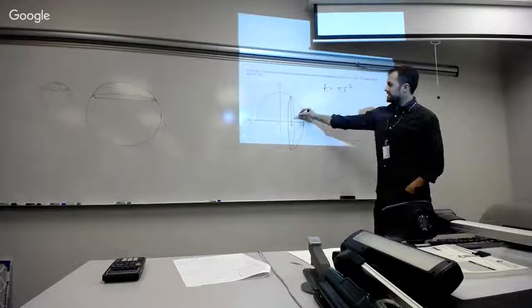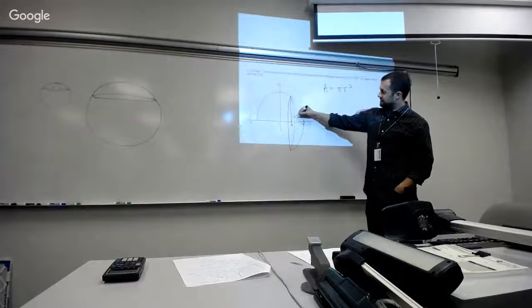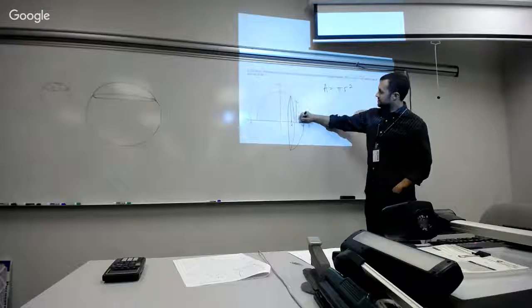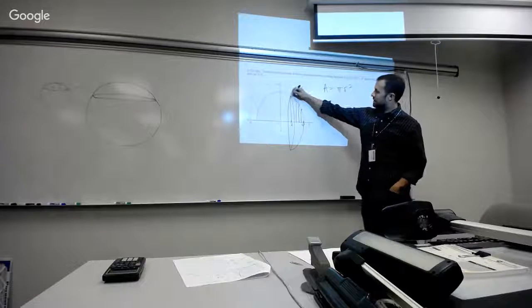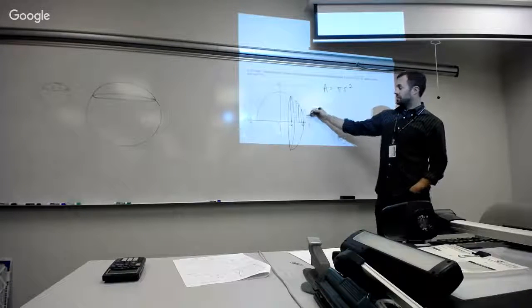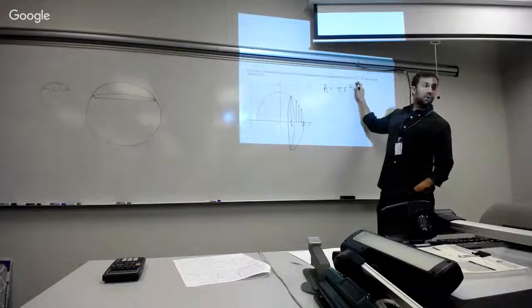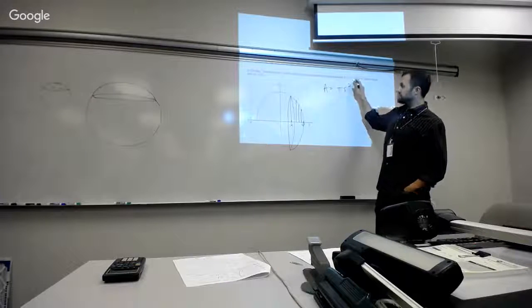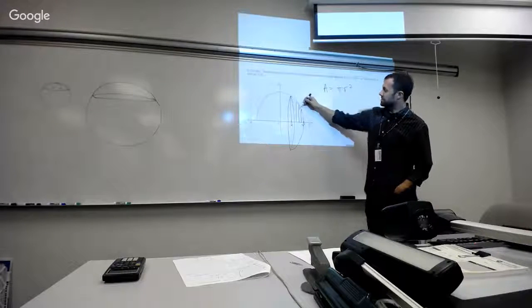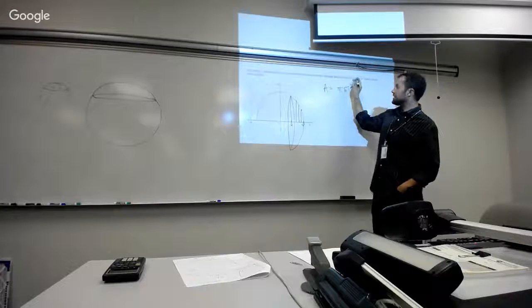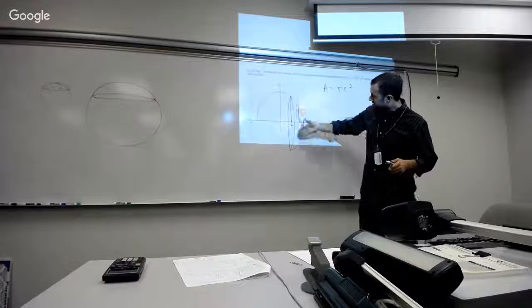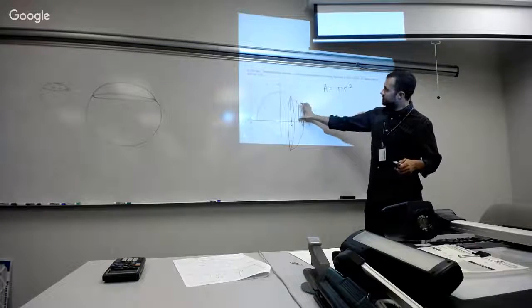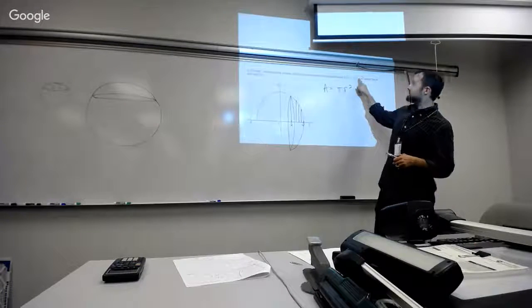And so what is the radius? How tall is the radius? For any given circle that I might draw on here, how tall is it? Yeah, it's the square root of 16 minus x squared. The function is telling you how tall the circle is at any given point, and therefore the function is telling you the radius of every one of those circular slices. So as I slice through that circle, the radius of each of those slices is given by this function.